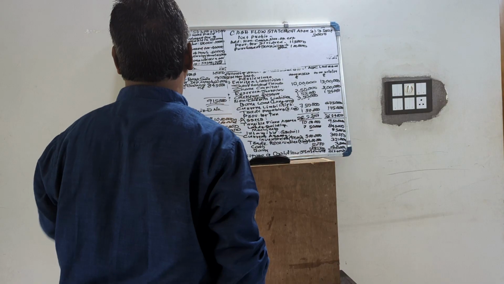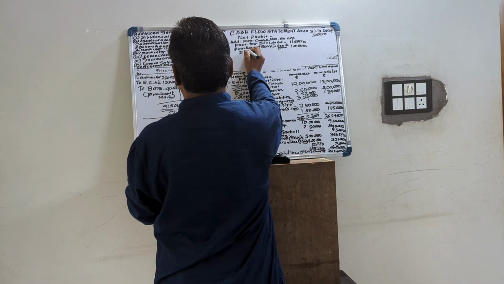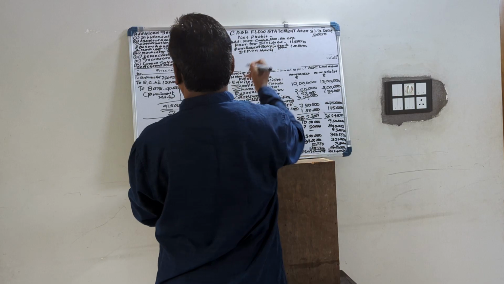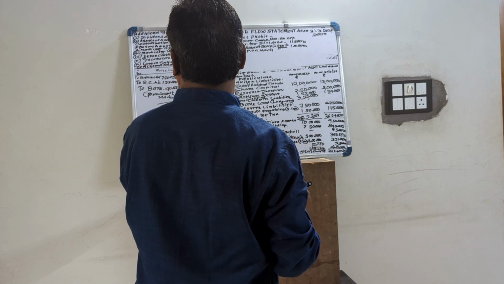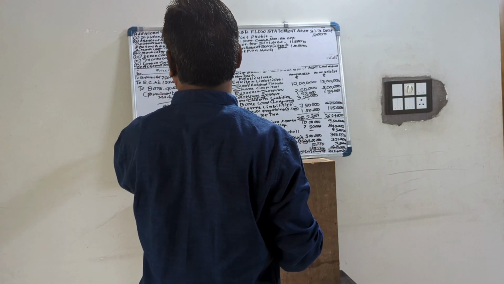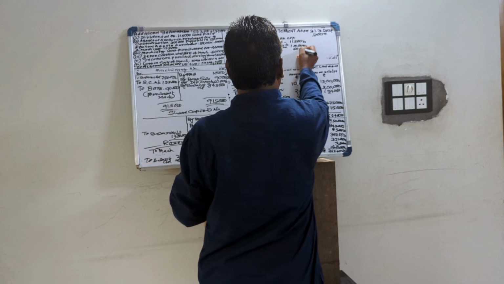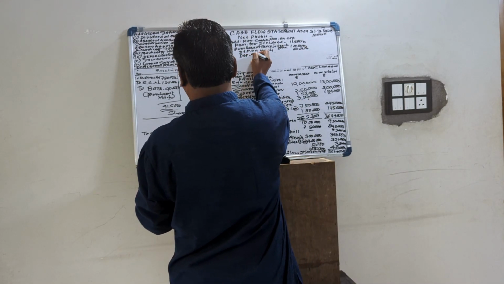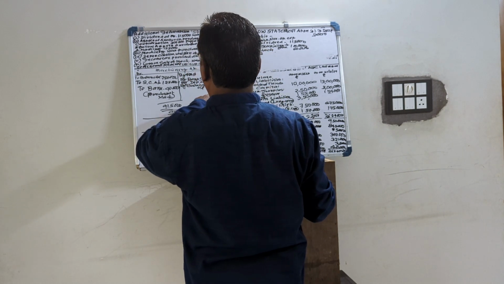Then depreciation on machinery is 60,000. Then depreciation on building, that we calculated here.